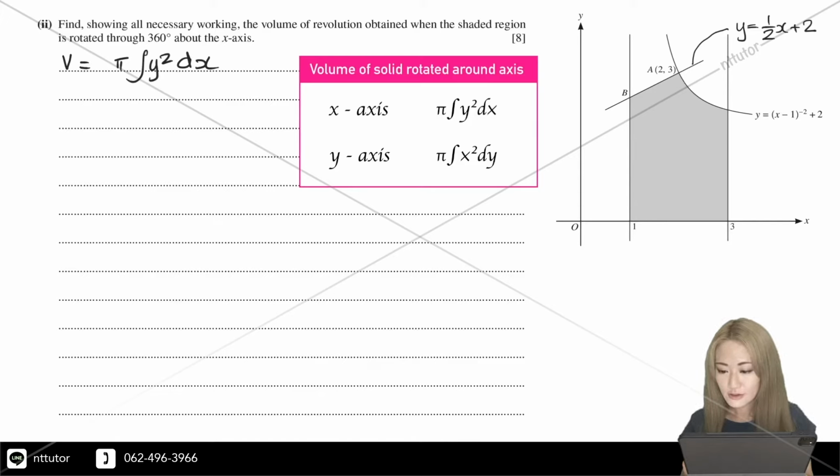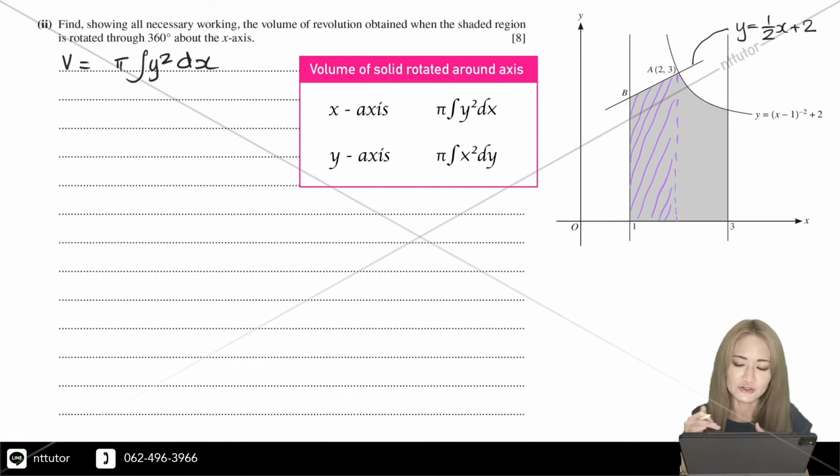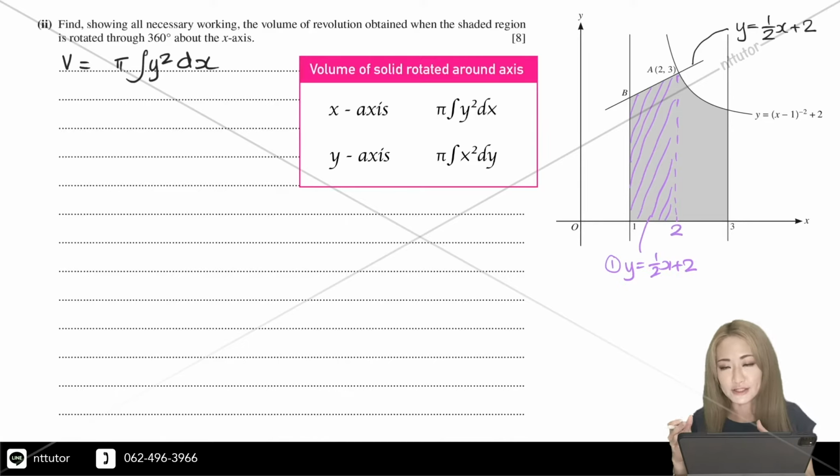But we need to divide this region into two parts, because for one of the parts, the line that separates the shaded region from the not shaded region is the line y equals a half x plus 2. But for the other one, it's the curve.